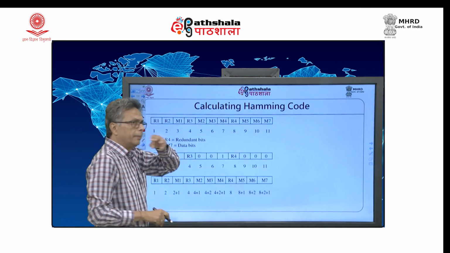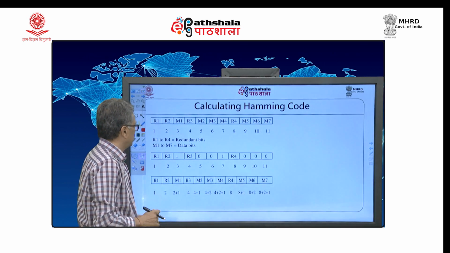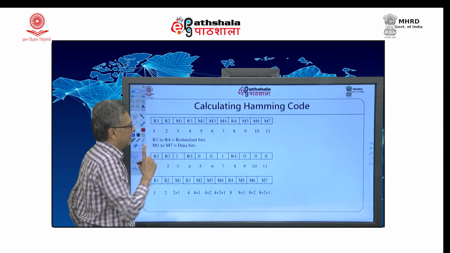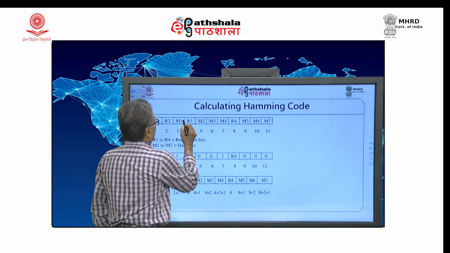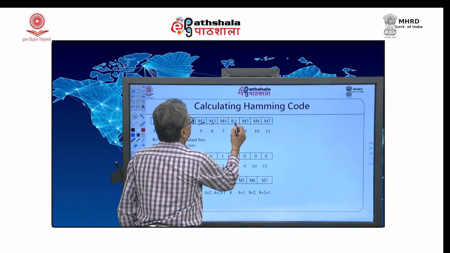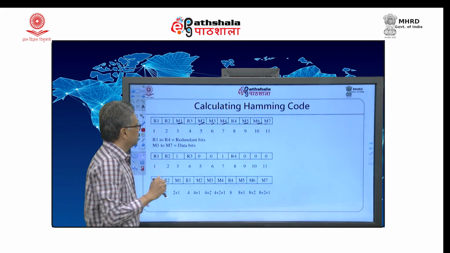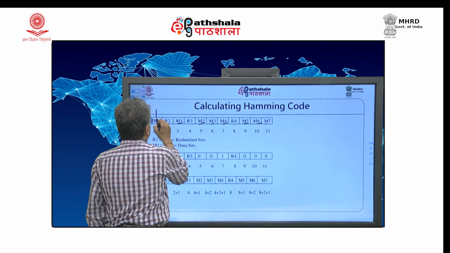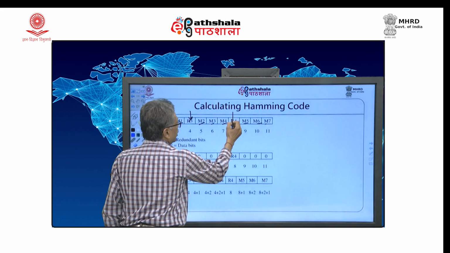Okay. This is the method. The method is again quite straightforward. See, there are 7 bit inputs M1, M2, M3, M4, M5, M6, M7, and 4 redundant bits R1, R2, R3 and R4.